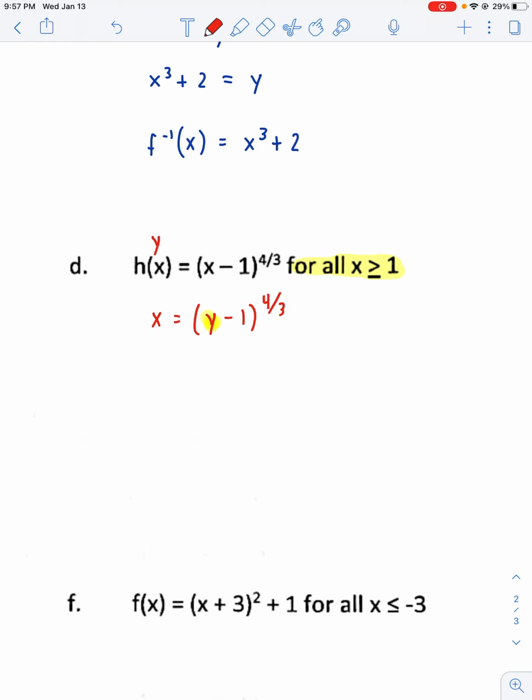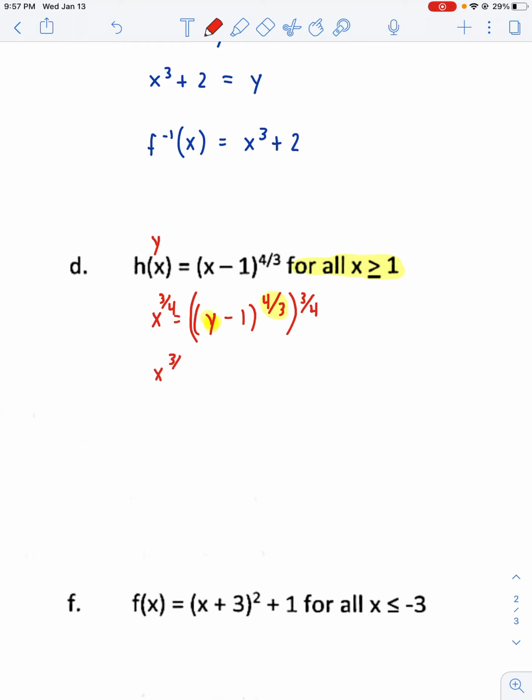Okay, so the first thing we have to do is get rid of that 4/3. So please remember that being a fractional exponent, we're going to get rid of that by raising it to the power of its inverse, 3/4. That's how you get rid of a fractional exponent: you raise it to the power of its inverse.